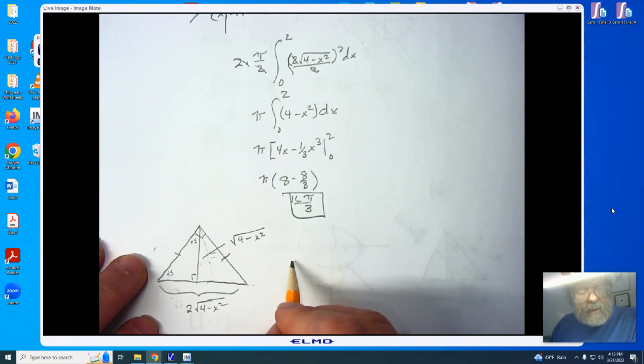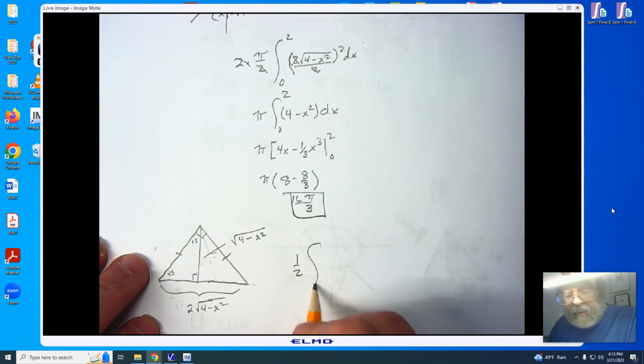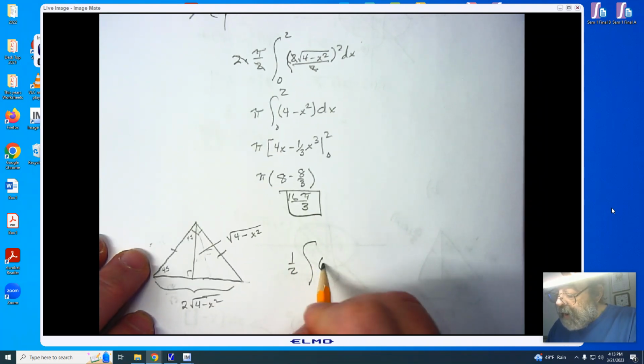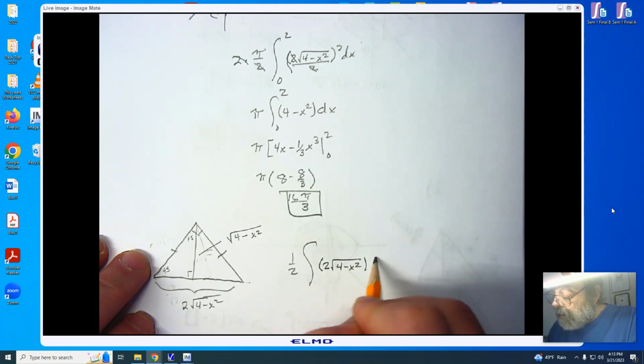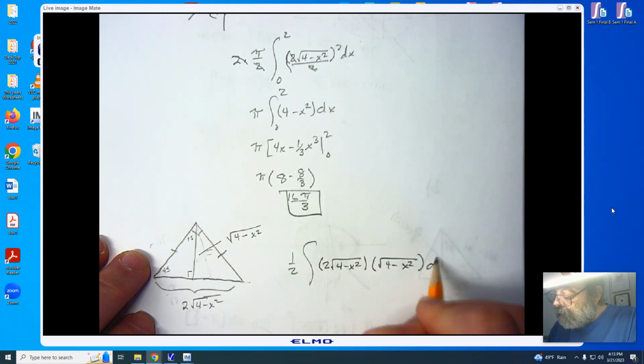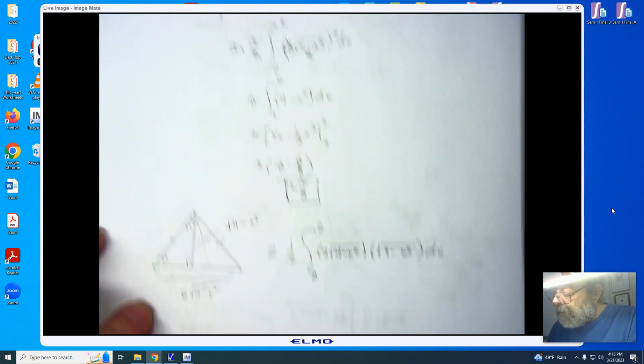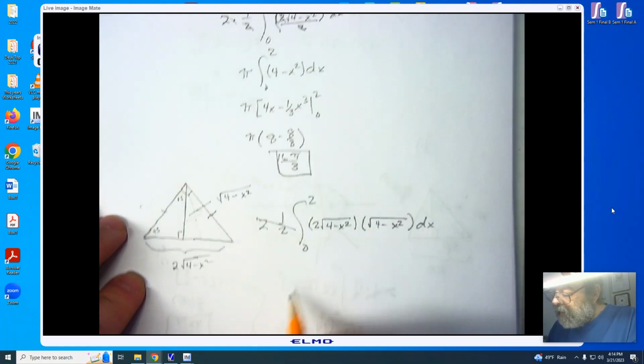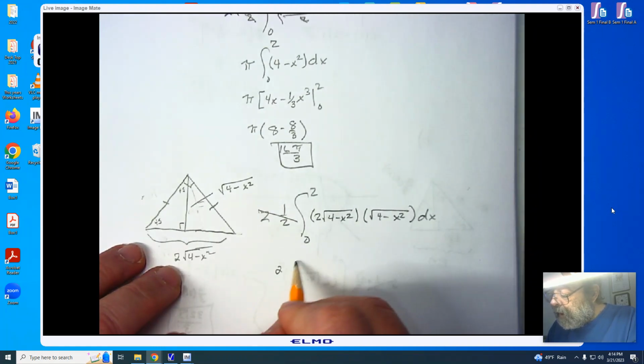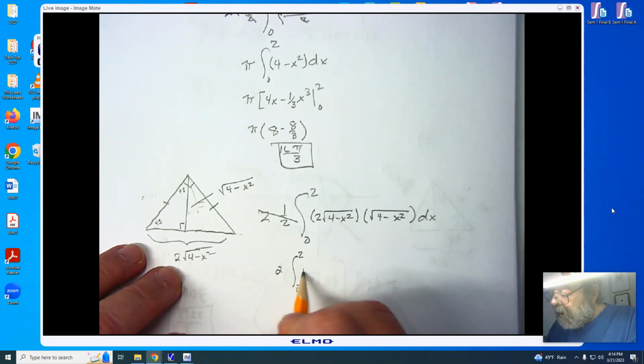And I'm looking at 1/2 base times height. So I have my base times my height. And I want to go from 0 to 2 again, so I'm going to double it. That's going to get rid of these, leaving me with 2 integration 0 to 2 of 4 minus x squared dx.